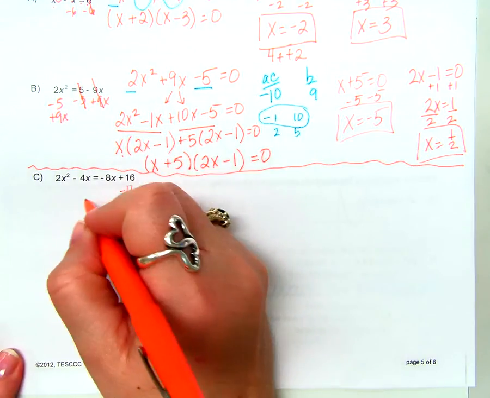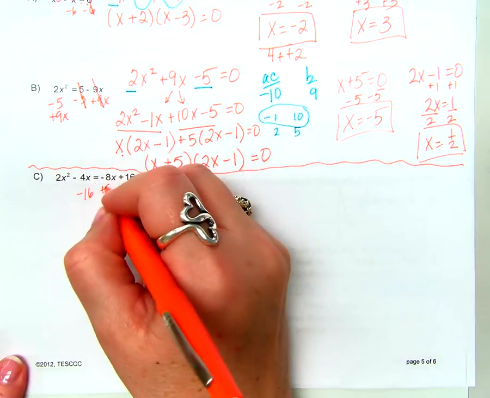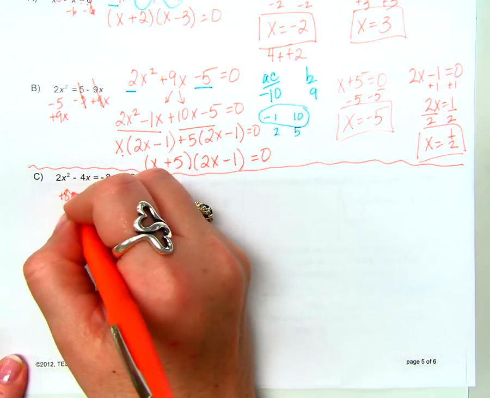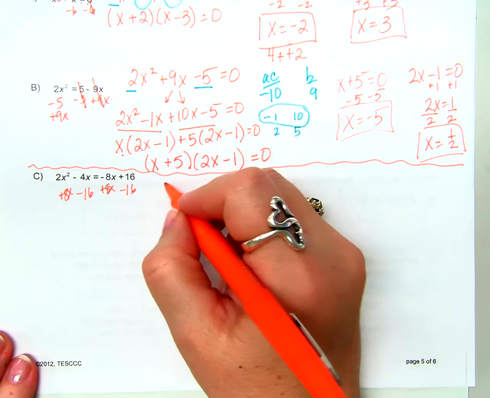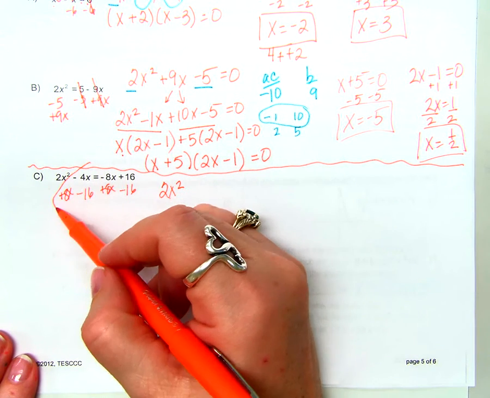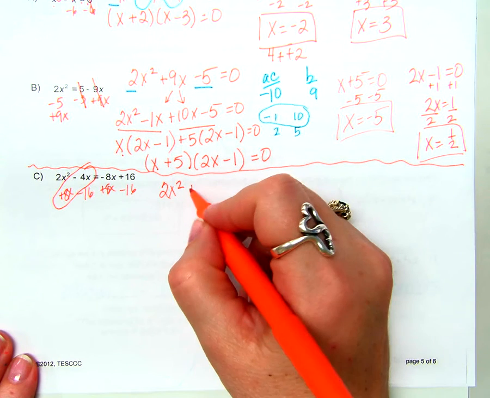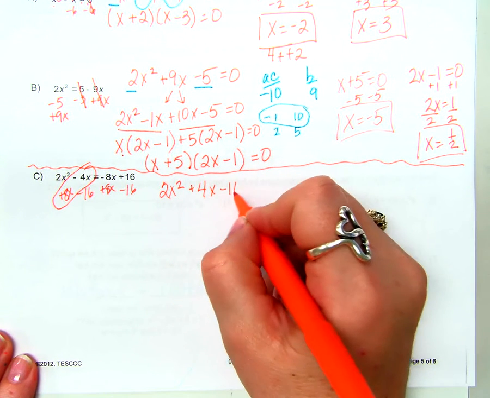Subtract 16 from both sides. Anything else? Add 8x to both sides. 2x squared. Oh, look, I can combine those two terms, can't I? The negative 4x and the 8x to get 4x minus 16 equals 0.